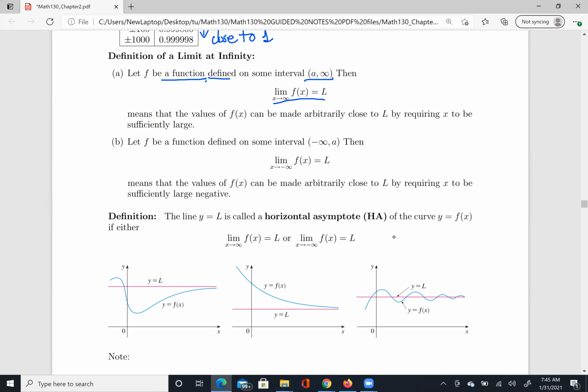The line y equal to L is called a horizontal asymptote, or we denote it by HA, of the curve y equal to f(x), if either the limit of f(x) as x goes to positive infinity is equal to L, or the limit of f(x) as x goes to negative infinity is also equal to L.